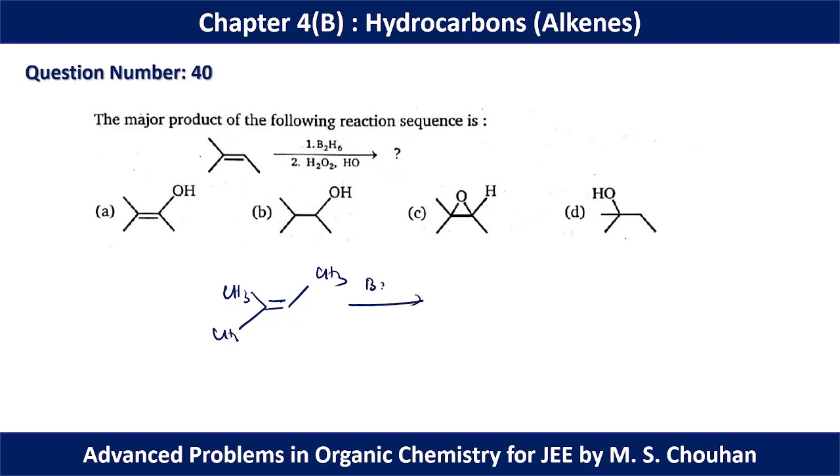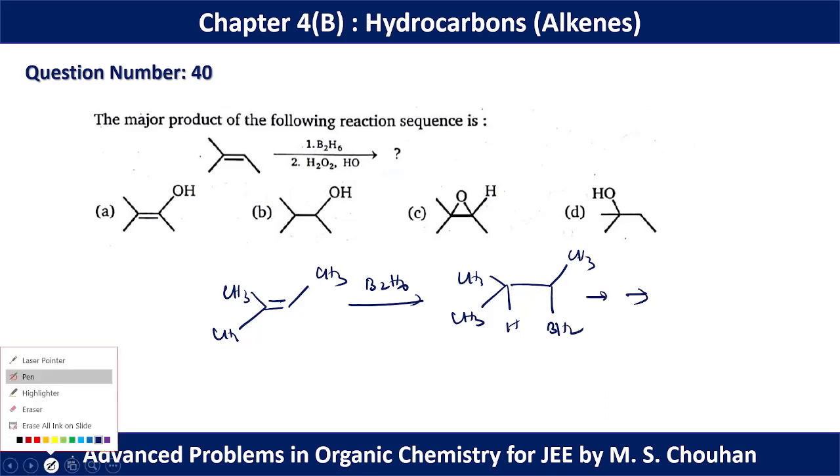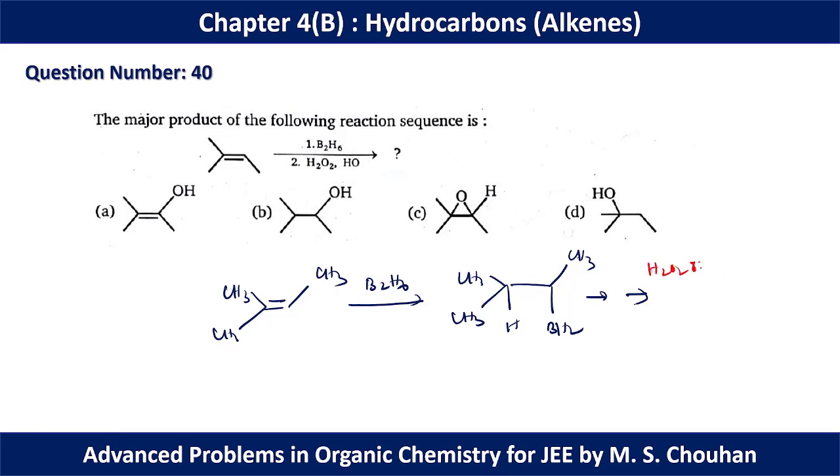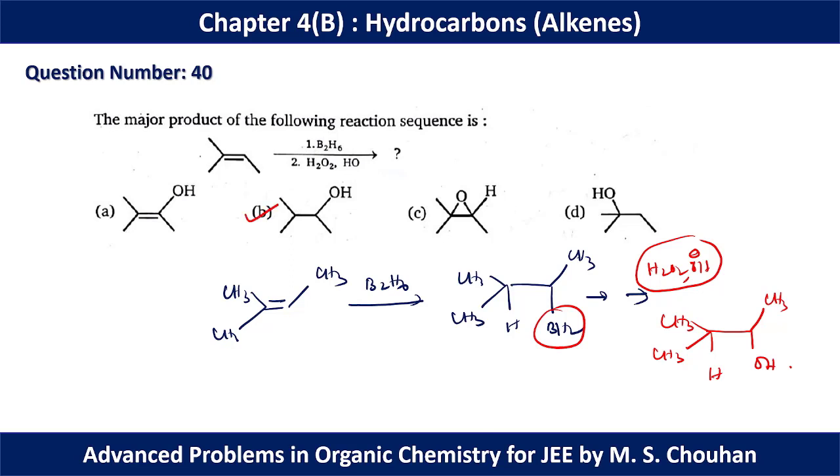So initially we can start the reaction like this: CH3, H and BH2, and we can form a trialkyl borane, and after the oxidation part, that is H2O2 and OH minus, we can have one alcohol in the position of boron. So finally the product should look like this: CH3 and OH. Okay, so that's why for question number 40, option B is the correct option.